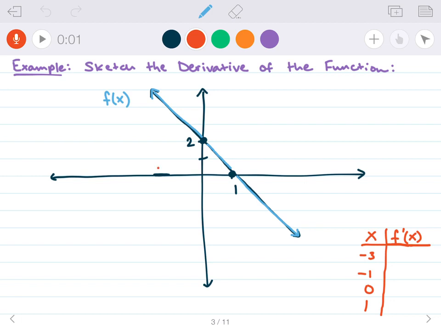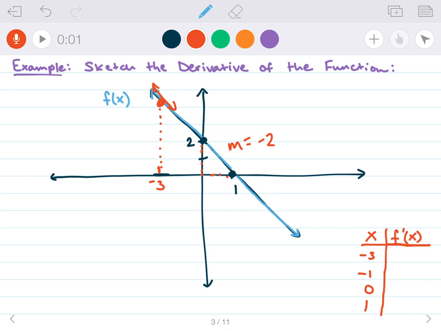here maybe this is the point -3 right here. And so what we want to know for the graph of our derivative is what is the slope of the tangent line to this point? Well, we know what the slope of this line is, right? Rise over run. It looks like we're rising -2, running 1. And so we know that the slope of this line is -2.